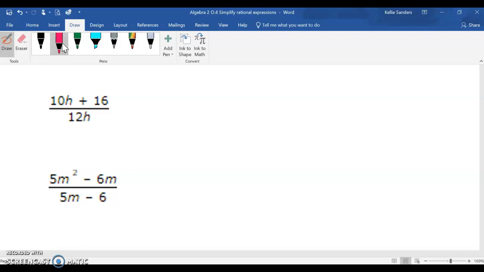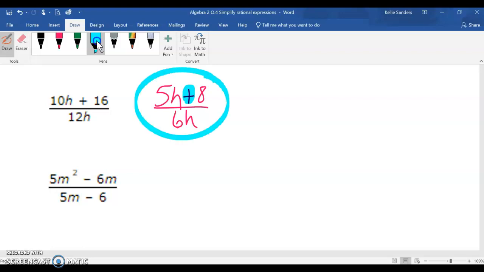And the answer is no. So if I divide everything by 2, I get 5h plus 8 over 6h. Now, not everything has an h in it. Because of this plus sign, I can't cancel out the h's with the 5 and the 6. If there is no multiplication involved, then I can't just cancel out one term to one term. So this would be the answer.